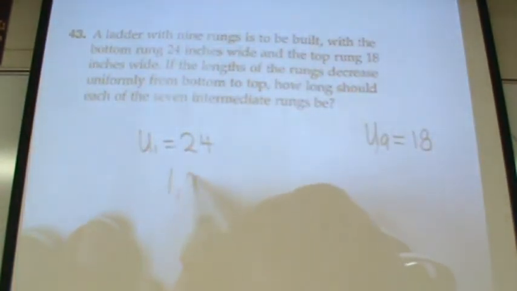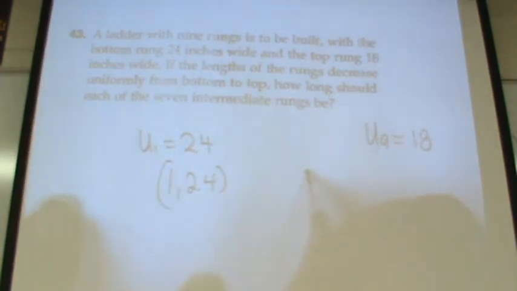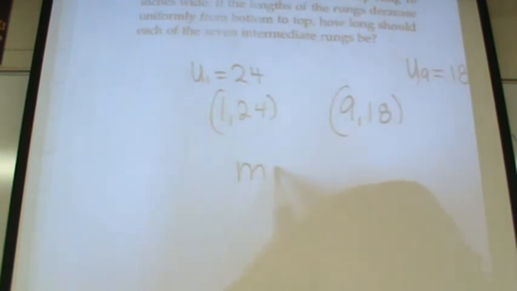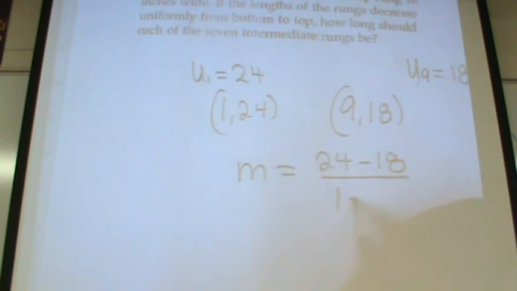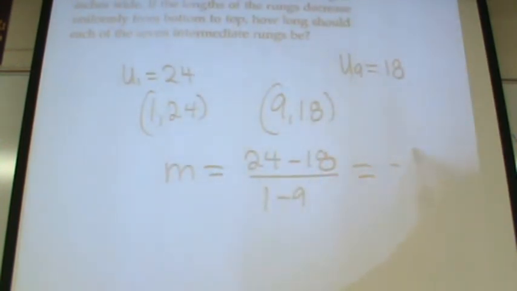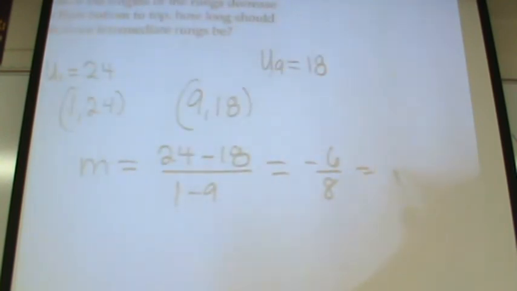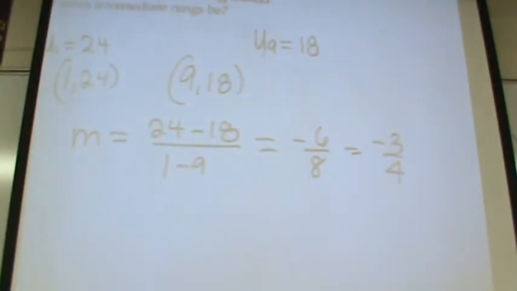So if you pretend like this is an ordered pair 1, 24, and pretend like this is 9, 18, using your slope formula, you have 24 minus 18 over 1 minus 9. That'll give you a negative 6 over 8, which reduces to negative 3/4. So what you have to do is take each of these dimensions, which is 24, and you would subtract 3/4.